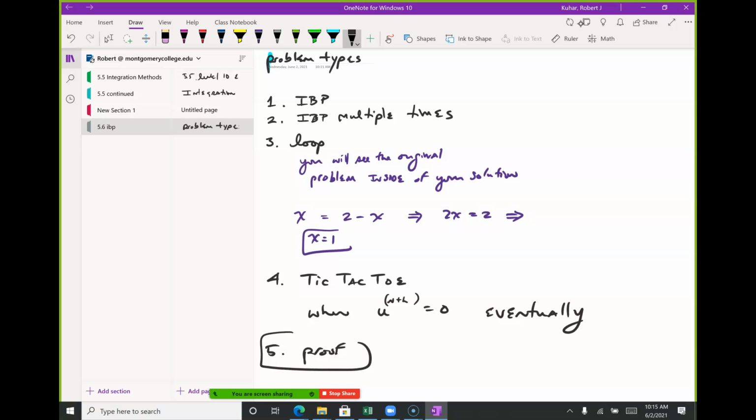I usually don't do a loop. So let me do a loop first. Actually, I could do multiple times first, so let me do that.